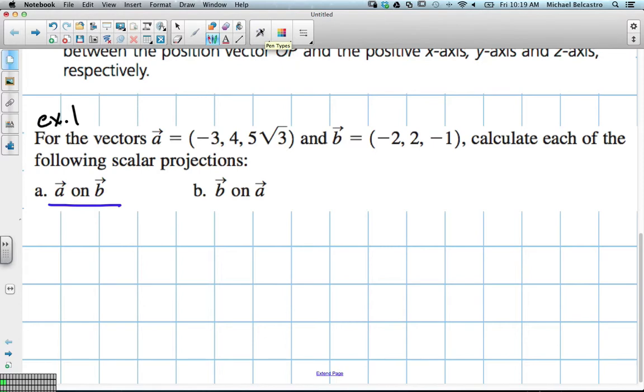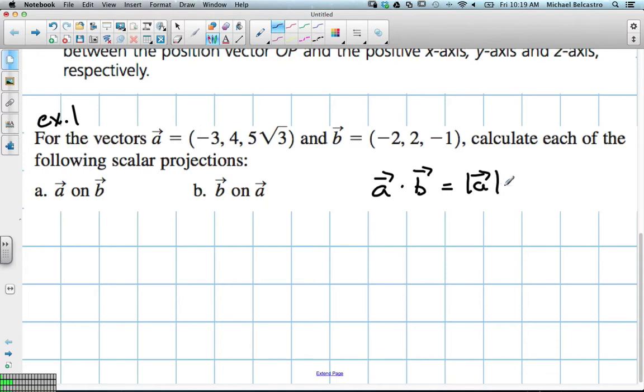Before we do that, like I said, I would like to show you guys the proof of that dot product. So if we have A dot B is equal to the magnitude of A times the magnitude of B times cos theta.